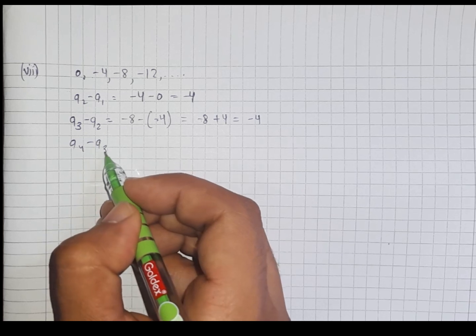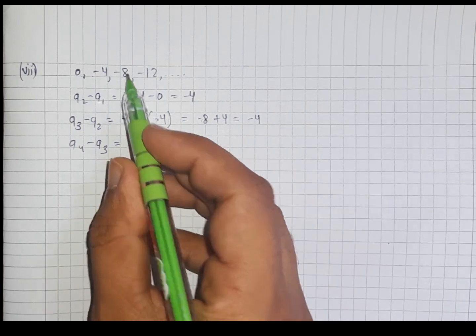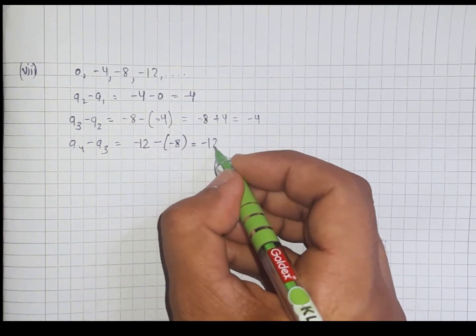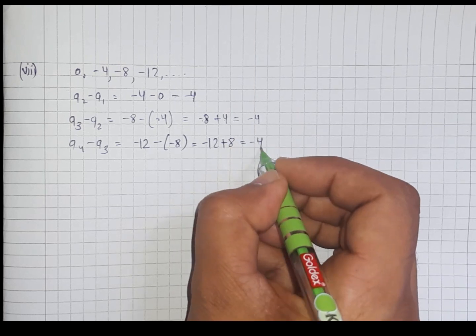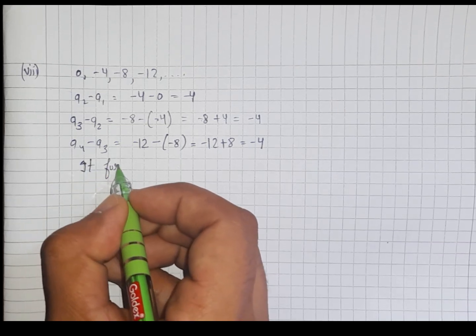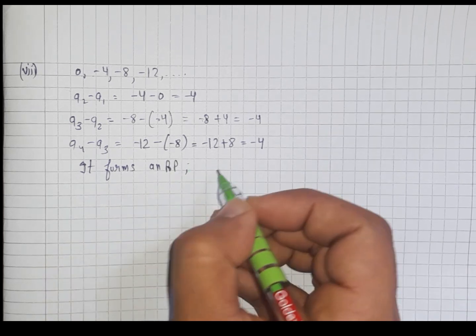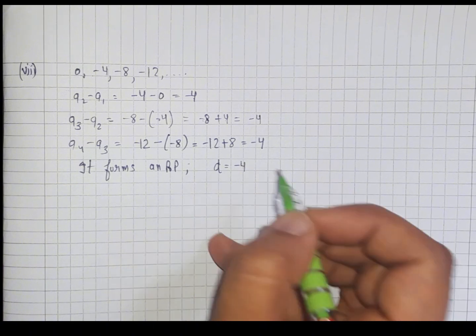A4 minus A3 equals minus 12 minus minus 8, that is minus 12 plus 8 equals minus 4. Here the difference between each term is same, so it forms an AP with common difference d equals minus 4.